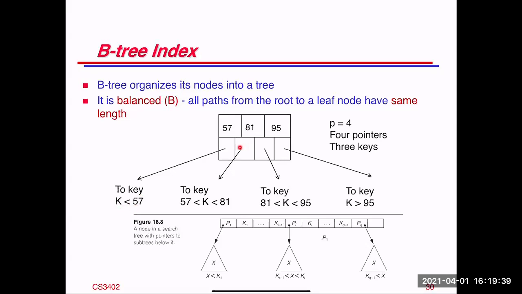Similarly, this second pointer here will point to a subtree that only has key values in between 57 and 81. Similarly, this pointer here will point to a subtree that has key values between 81 and 95. And finally, this pointer here will point to a subtree that will only concern itself with key values that are greater than 95.